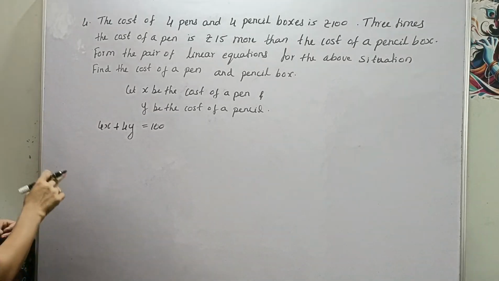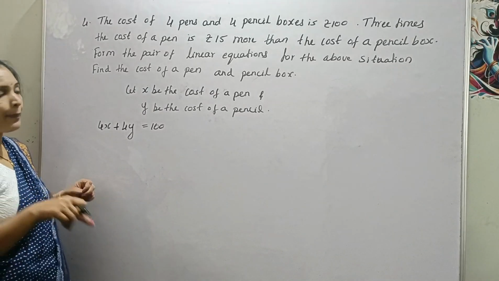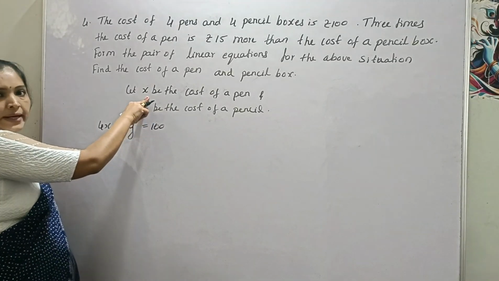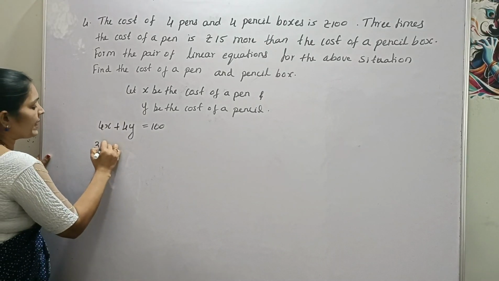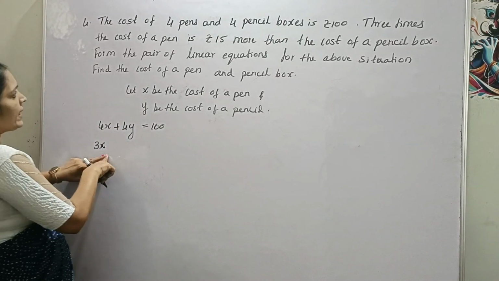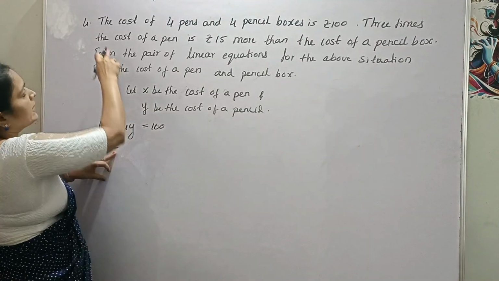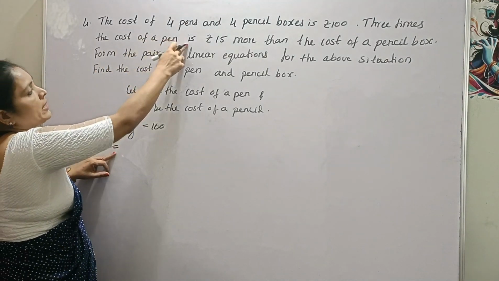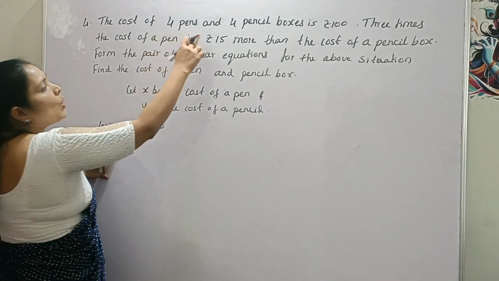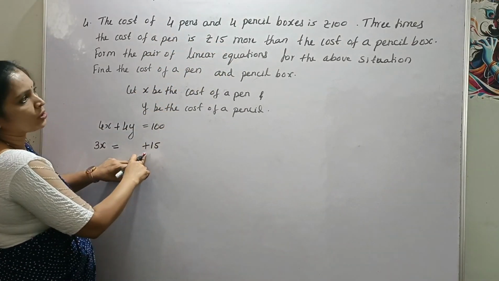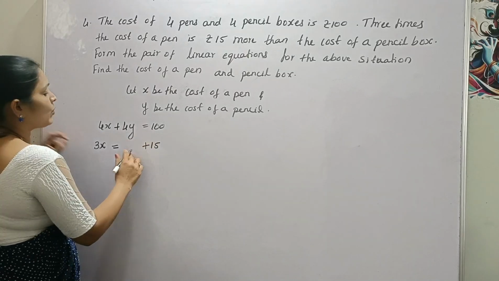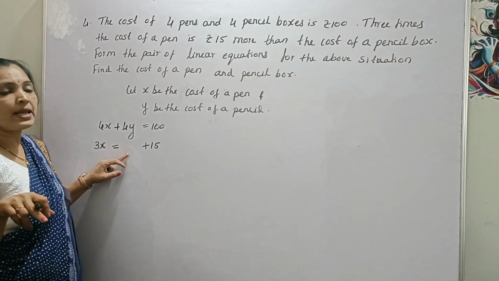Then 3 times the cost of a pen. What is the cost of a pen? X rupees. So 3 times the cost of a pen means 3x. That is equal to rupees 15 more than the cost of a pencil box. What is the cost of a pencil?